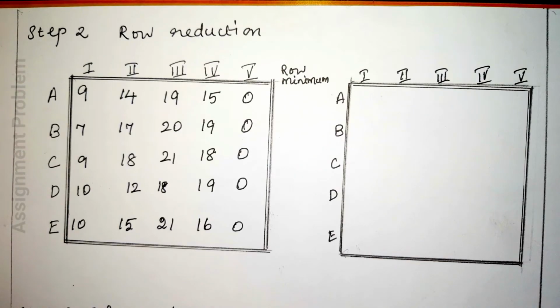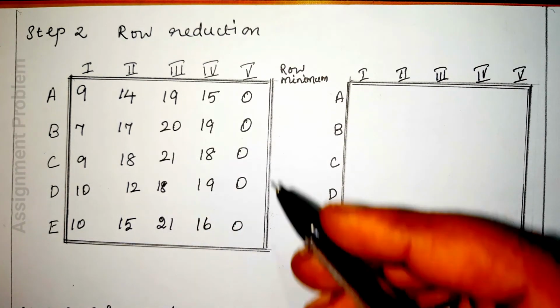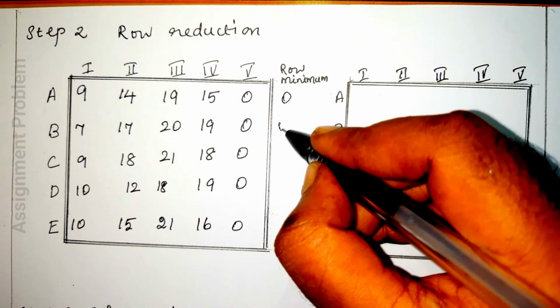Step 2 is row reduction. Select the least element from each row and subtract it from all the elements in that row. Here all the rows contain 0, so the minimum element is 0.